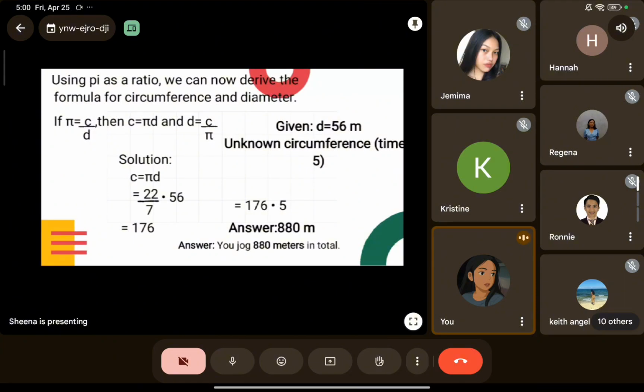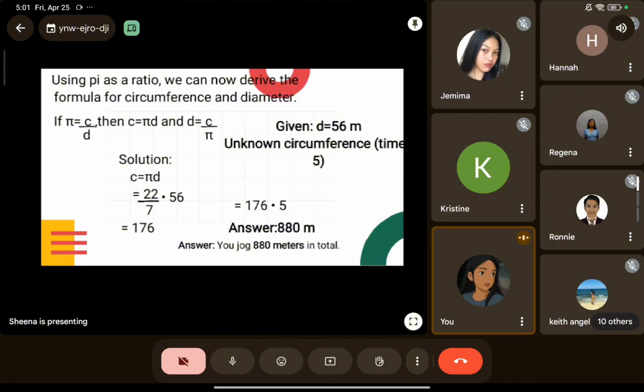So C equals pi, which is 22/7, times 56. 22/7 times 56 is equal to 176.